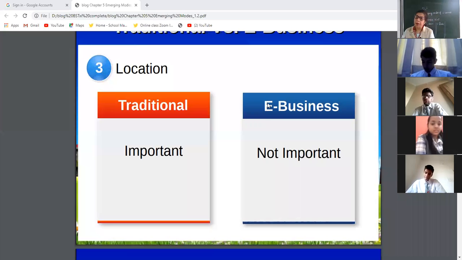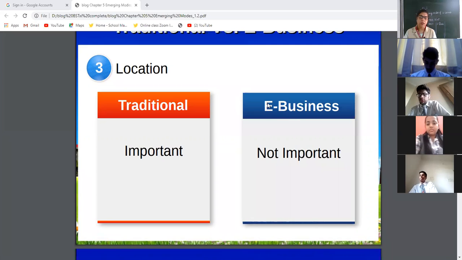That's why big malls, big franchisees are always situated in the market area or in the middle of the city, where it is possible for everyone to reach. So location is important for them, but in e-business, it is not necessary where they are situated. You just give them orders and they deliver at your doorstep. Okay, so location is not important.